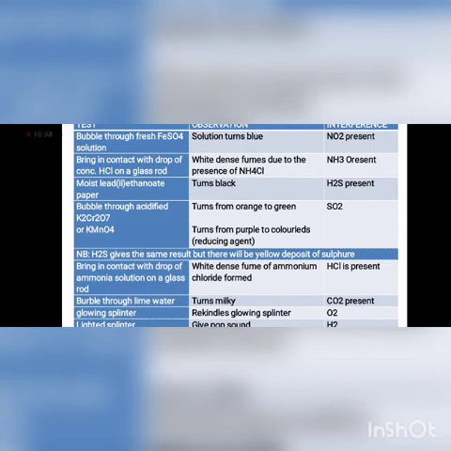Next one is that when you moisten a lead 2 ethanoate paper with the unknown gas and the color of the paper turns black, that shows that hydrogen sulfide is present.